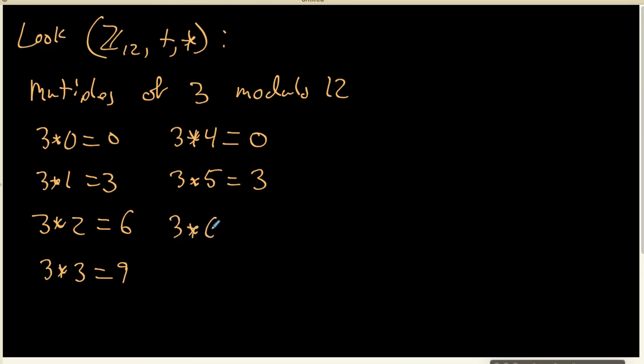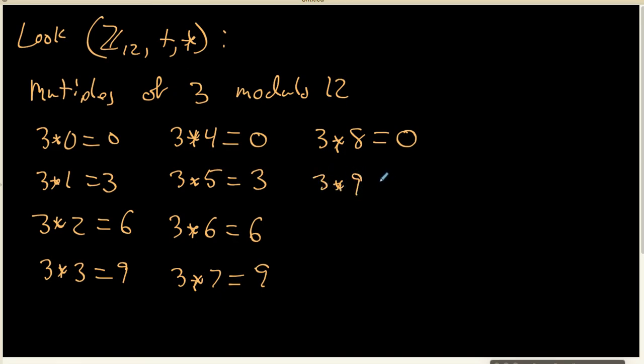And 3 times 6 is equal to 18, which reduces to 6 mod 12. And 3 times 7 is 21, which reduces to 9 mod 12. And 3 times 8 is 24, which reduces to 0. 3 times 9 is equal to 27, which reduces to 3 mod 12. And 3 times 10 is 30, which is equal to 6 mod 12. And 3 times 11 is equal to 33, which is equal to 9 mod 12.